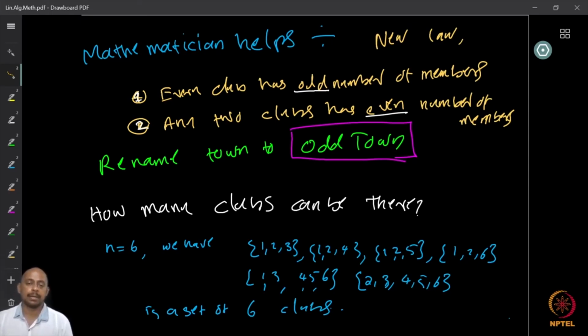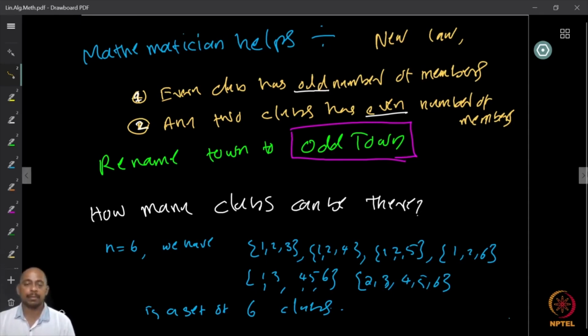This again is odd in number, and then any two will intersect in an even number, because one person will be missing from exactly both, and then the remaining will be even in common. So I can have several ways of making n sets where n is even, and if n is odd, we can again take the singletons, and therefore we still have at least n clubs possible.